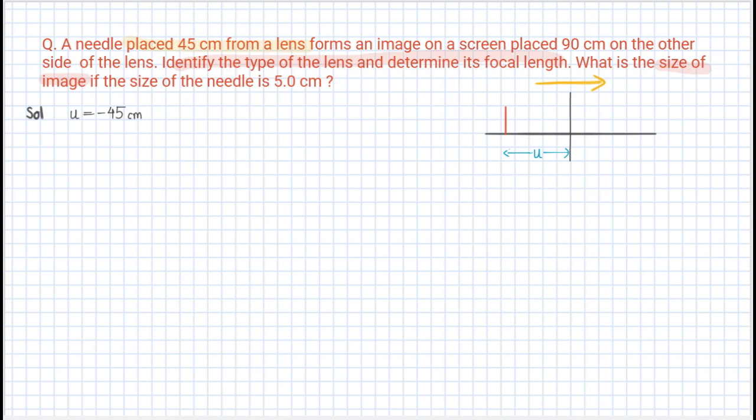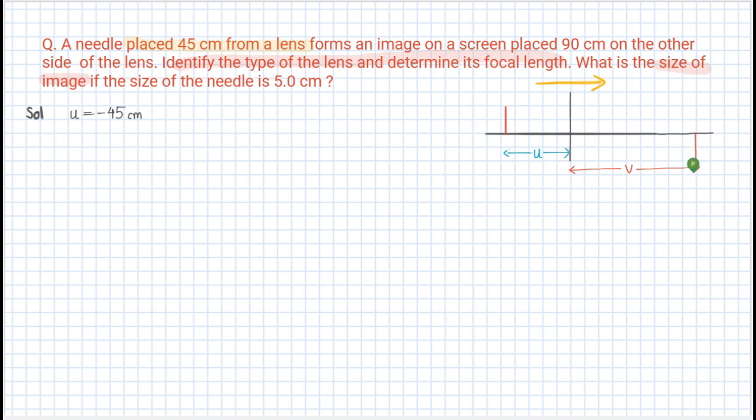The next thing is that the image is placed 90 centimeter on the other side of the lens, so the image will be formed 90 centimeter away from the lens. This is your image distance.